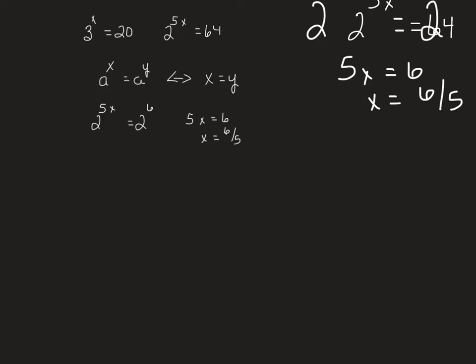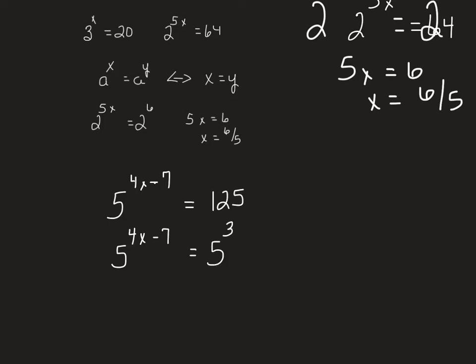All right, let's look at a different equation. Let's say I had 5 to the 4x minus 7 equals 125. Well, the first thing we want to do is see if we are able to rewrite this equation so that I have the same base on both sides. And we can see that 125 can be rewritten with the base of 5, and that's 5 cubed.